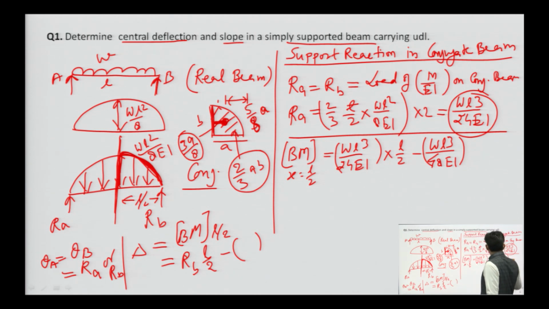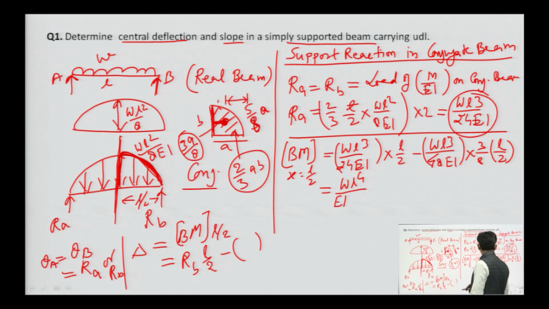So the load we have calculated, multiply it by 3 by 8, and A is how much here? L by 2. So calculate WL to power 4 by EI, and take the constant 24 into 2 outside.